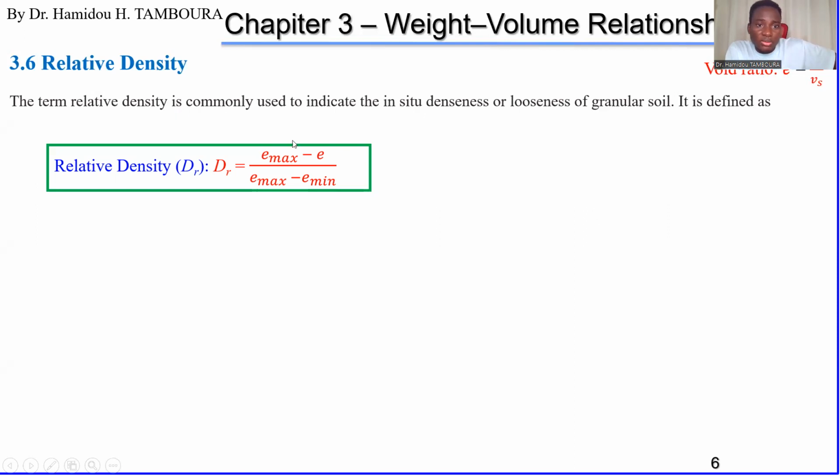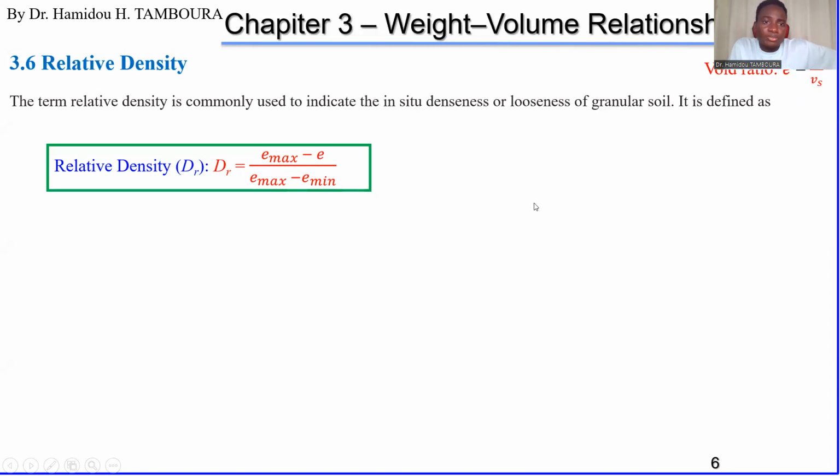So what is relative density? Relative density is (e max minus e) divided by (e max minus e min). e here is the void ratio, please remember, which is the volume of void divided by the volume of soil particles.